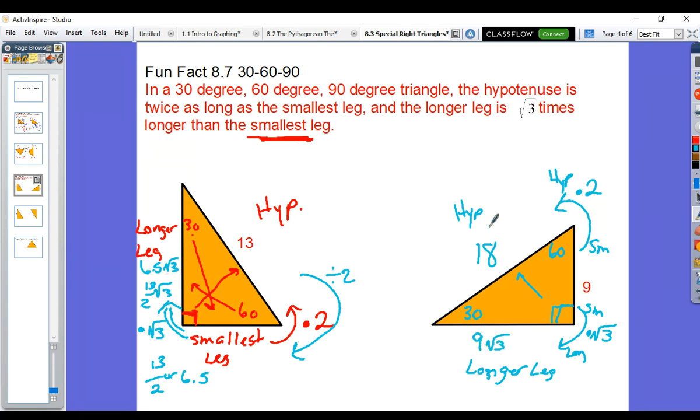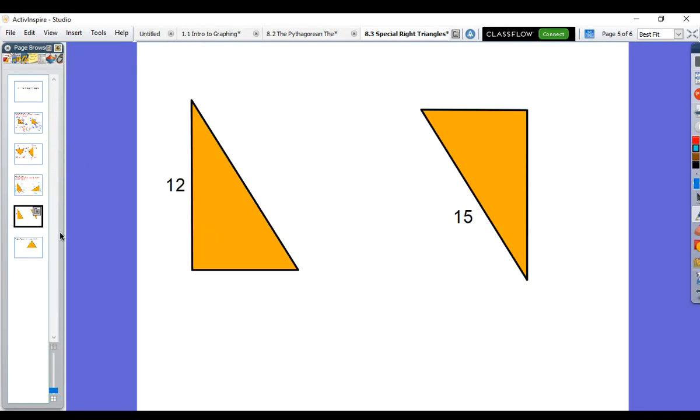We didn't have to do the Pythagorean theorem. We didn't have to square this and square root that. It's just, there you go. That's what makes these triangles special, because this pattern will always work on these special triangles, this 45-45-90 degree, and the 30-60-90. Let's practice the 30-60-90 a little bit more. So here's one where they give us the long leg.